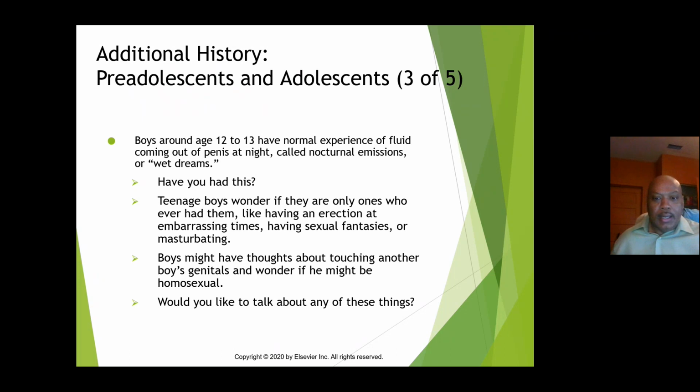Now, one of the things we also want to ask is if the child is dating, if it's someone who we refer to as being steady with, or have they had intercourse, and are you using condoms and whatnot. We always want to avoid terms such as "having sex," because it is ambiguous.